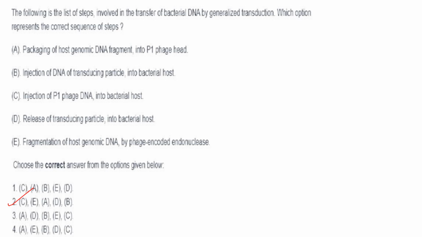Then comes packaging of the host genomic DNA fragment into P1 phage head. That is the next step. Then release of the transducing particle into bacterial host. That is again correct. And injection of DNA of transducing particle into bacterial host. So that is the next step. So it is CEADB.